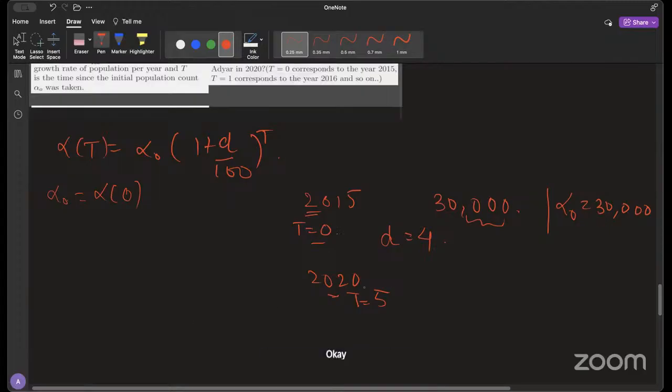In 2020, it's t equals 5, and you have to calculate alpha t when t is equal to 5.